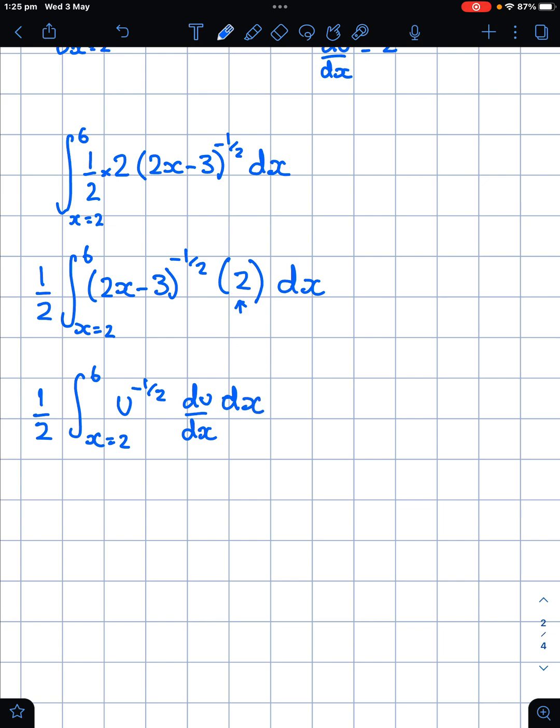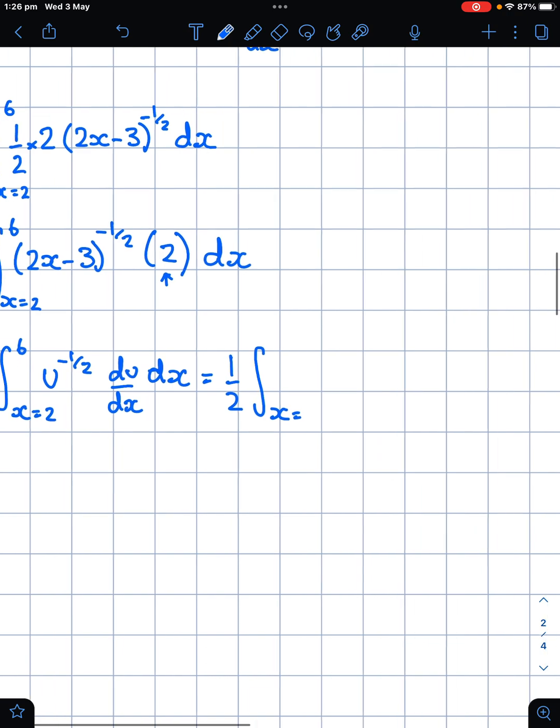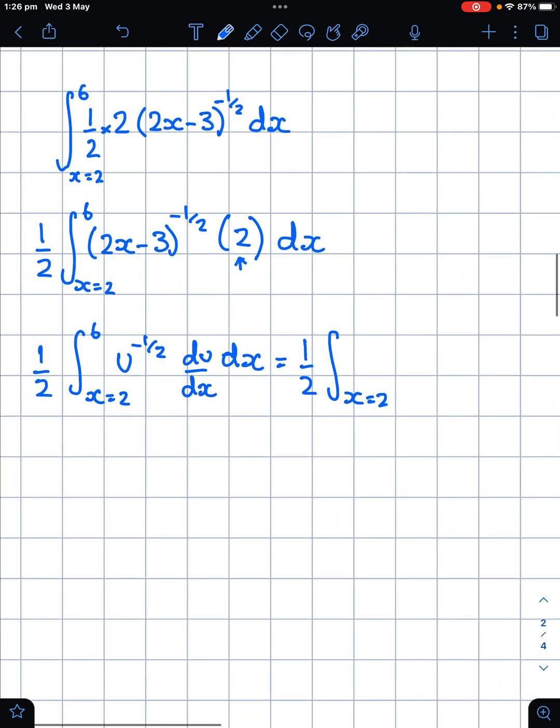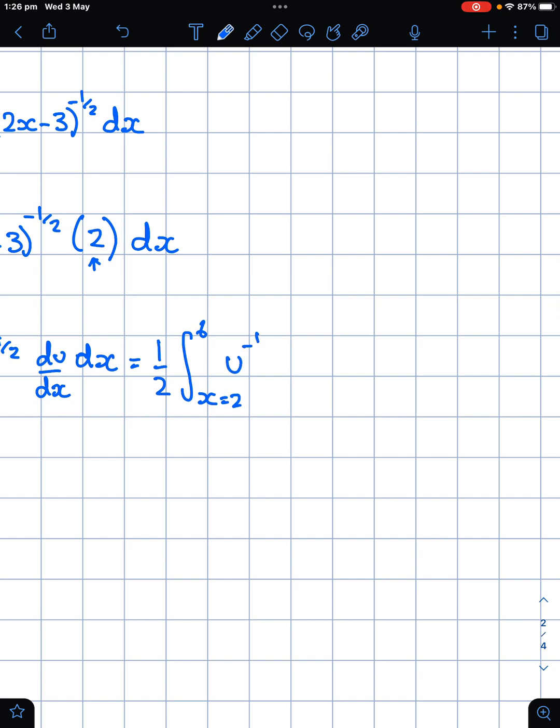So we can rewrite this as a half times the integral from x equals 2 to 6 of u to the negative 1/2 du.